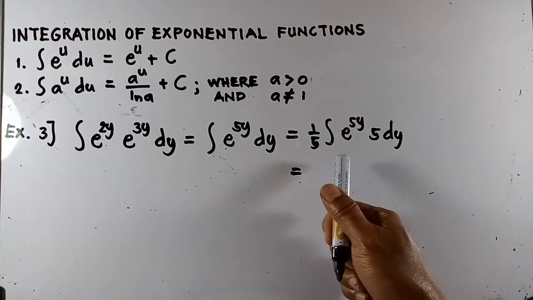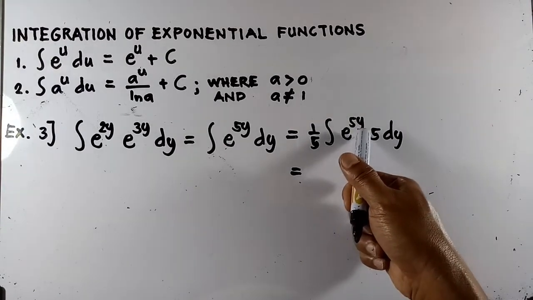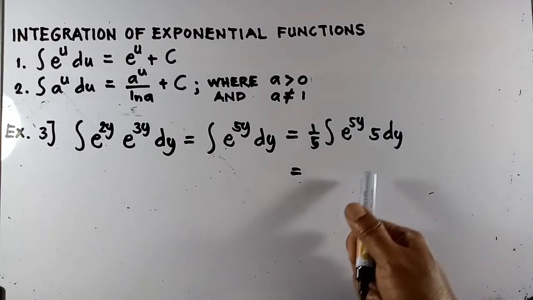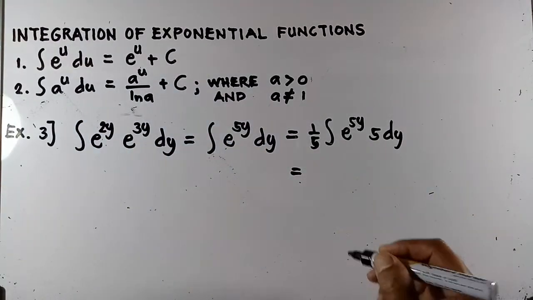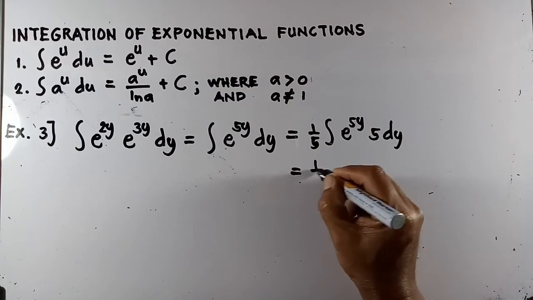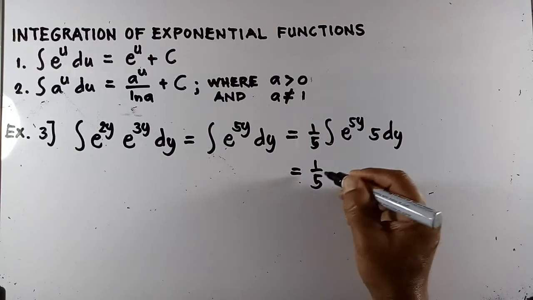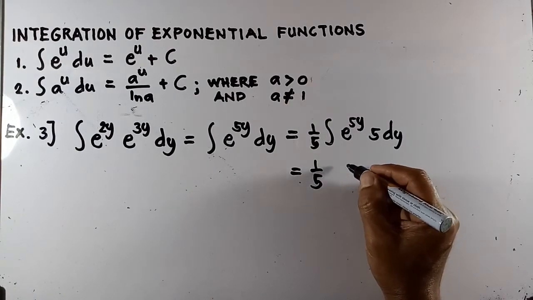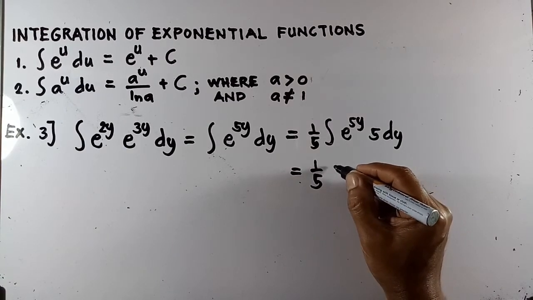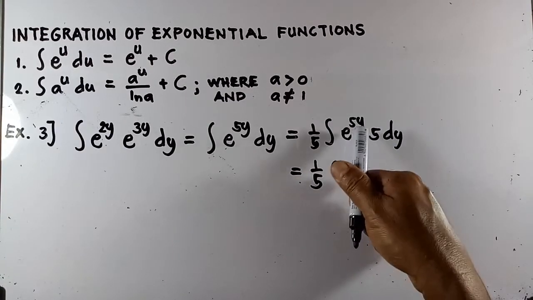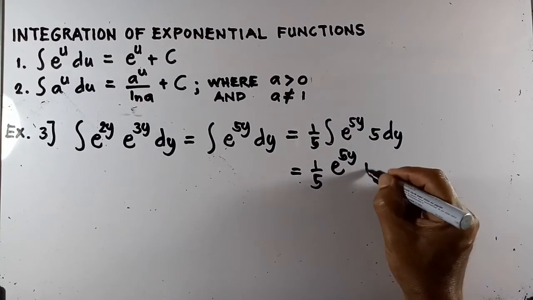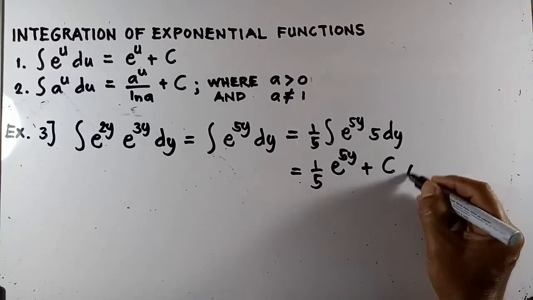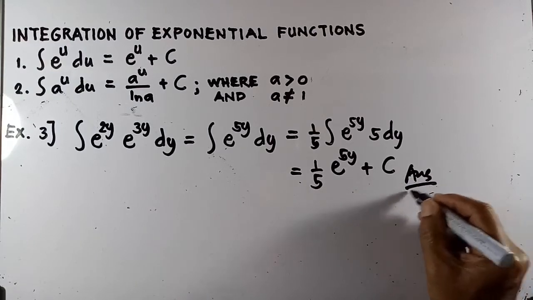So, meron na tayo ngayong integral of e raised to u du, no? At integrable na siya gamit yung formula number 1. So, 1/5 integral of e raised to u du equals e raised to u. At yung u natin ay yung 5y. And then, plus c. And this is now our answer.